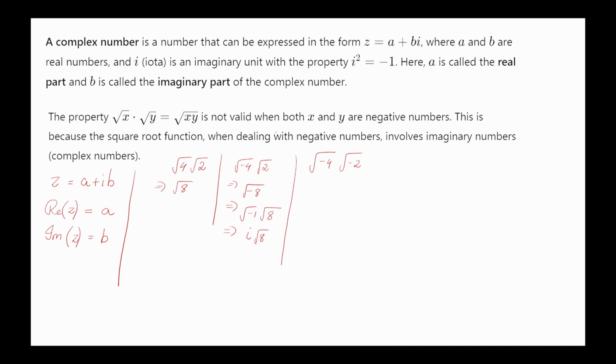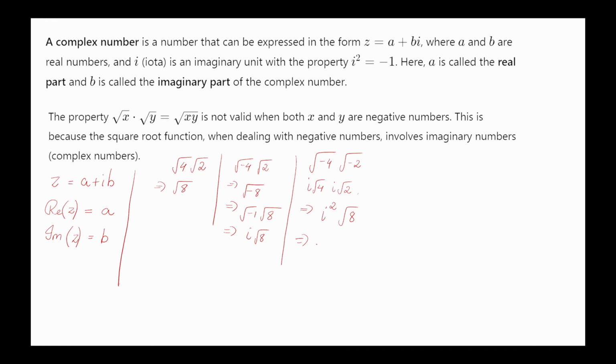So generally what happens is we use imaginary numbers to represent this. This is written as iota into root 4, and this is written as iota into root 2, and thus this becomes iota square into root 8. This is the way I can represent this. And what is my iota square?